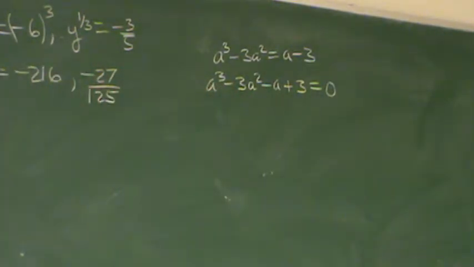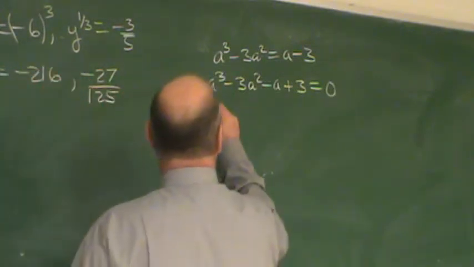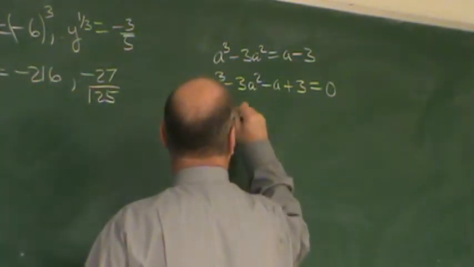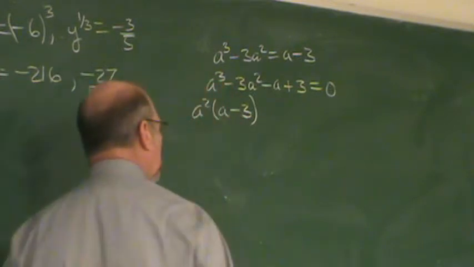Now this is a third degree polynomial, so we're looking for 3 solutions, yes? You have 4 terms, nothing common to all 4 terms. So the next thing you do is try grouping, right? Look at the first 2, you see any common factors? A squared. So we'll pull a squared out, and we'll get a minus 3.